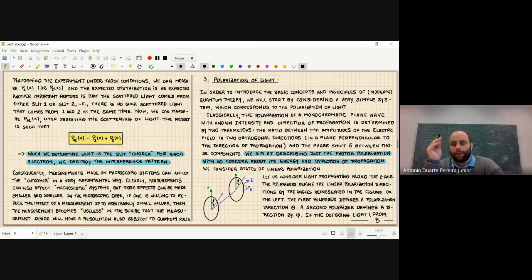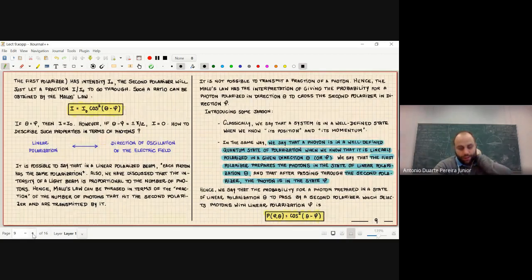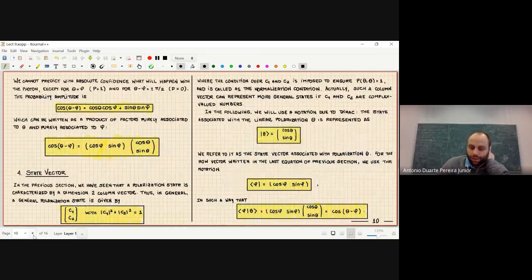There is this order in this experiment where first I have a state vector theta, and in the end I have a state vector phi. So in order to represent that, we say that we want to compute the probability that a photon that is prepared in the state theta is found in the state phi. So in this sense, there is this order.